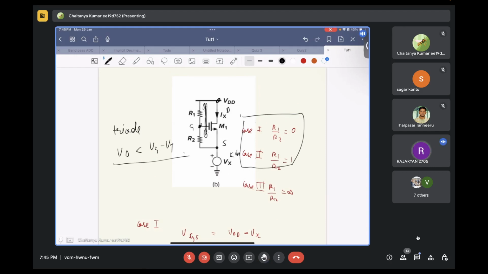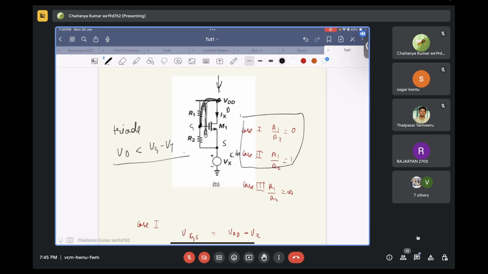One rule of thumb you can keep in mind: whenever there is a drain gate short, either by complete short with a wire of zero resistance or with some resistance, since the conventional current in an NMOS flows from drain to source, that is drain, then gate, then source.